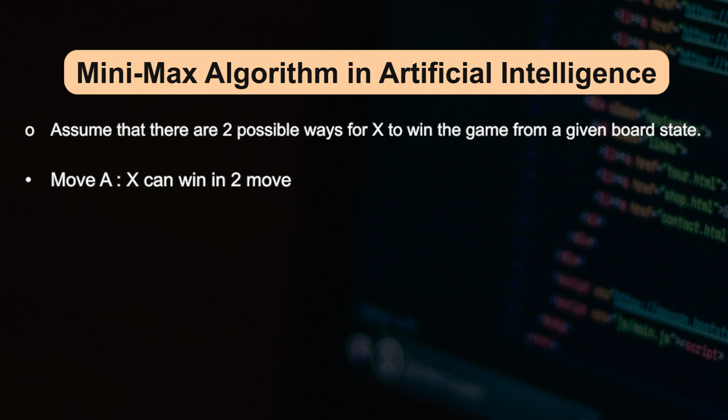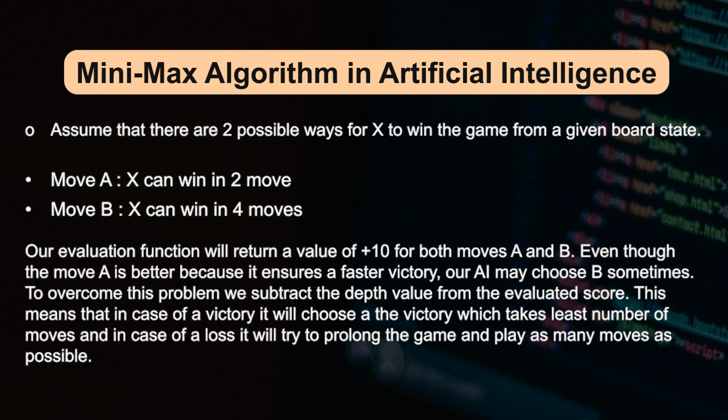Move A, X can win in 2 moves. Move B, X can win in 4 moves. Our evaluation function will return a value of plus 10 for both A and B, even though move A is better because it ensures a faster victory. Our AI may choose B sometimes.